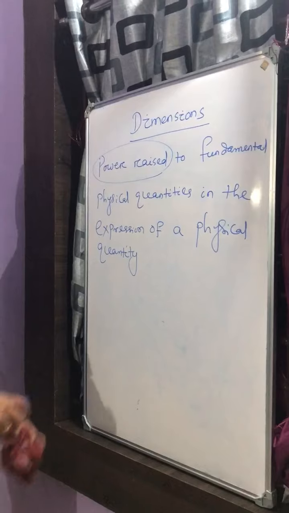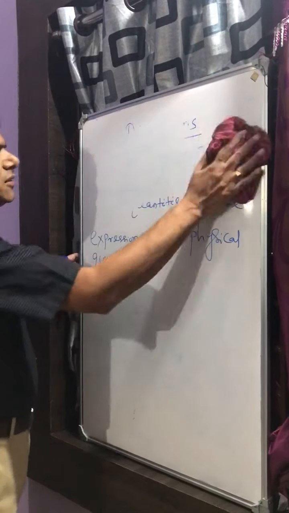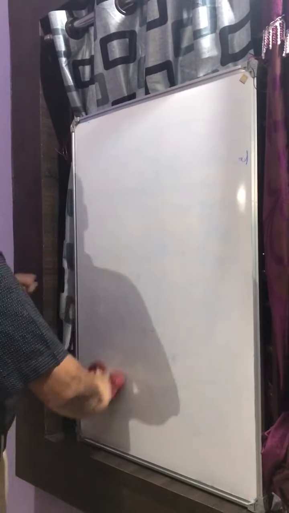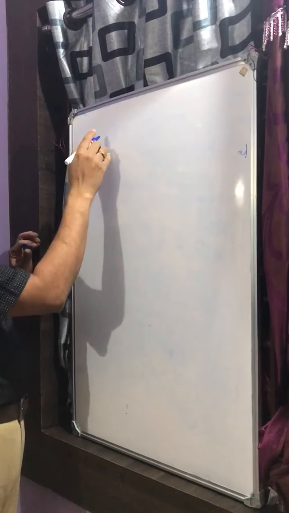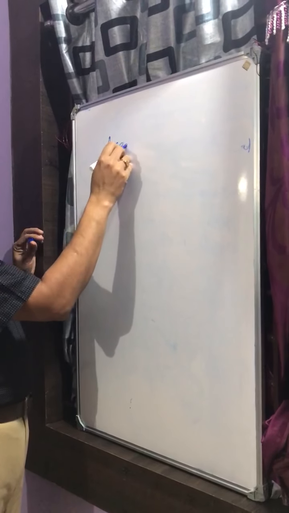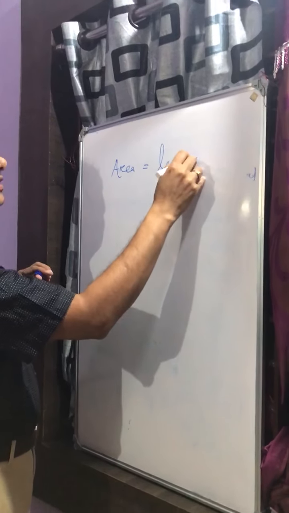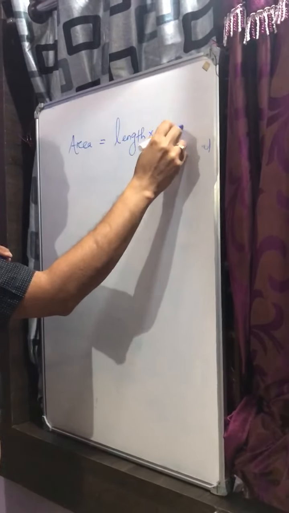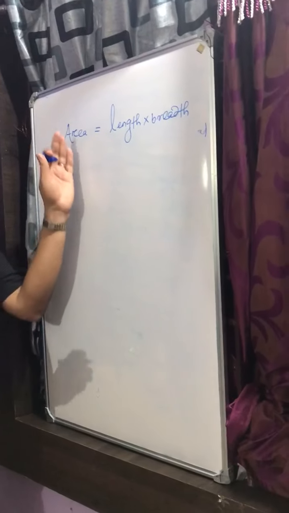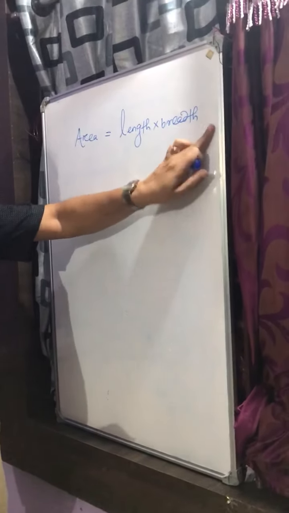Let us see this physical quantity, area. When we write area, we write its formula like this: length into breadth. So area is a physical quantity which is length into breadth.